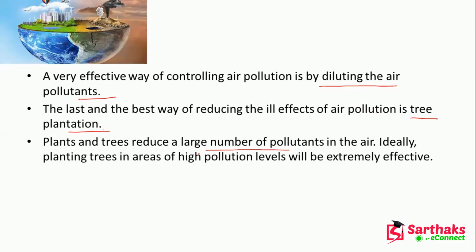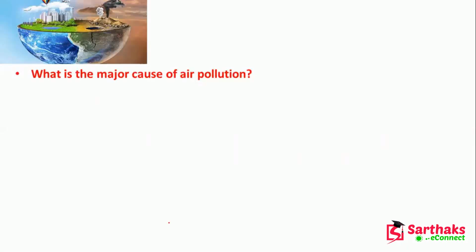There are many plants that purify the air. So ideally, planting trees in areas of high pollution levels will be extremely effective. This is a good approach to control air pollution.